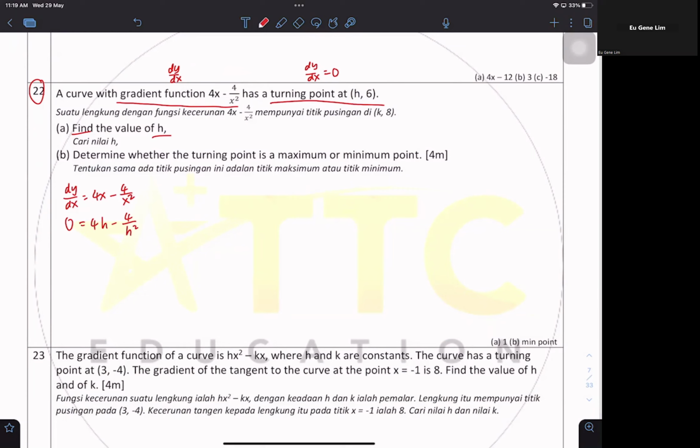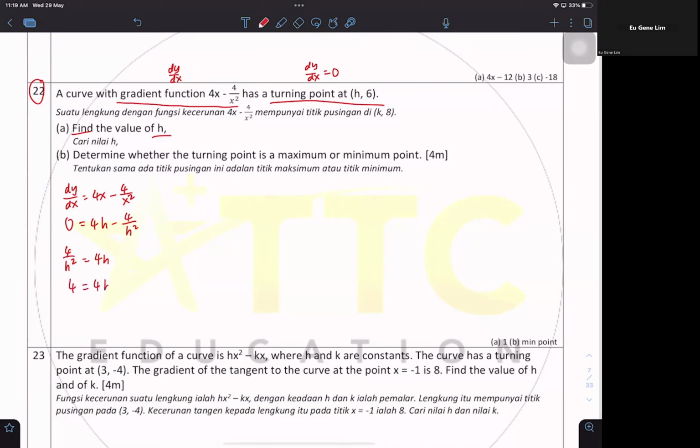You can do like this. You bring this over to the other side, make it positive 4 over h squared. And then this is divide, bring over times h squared.